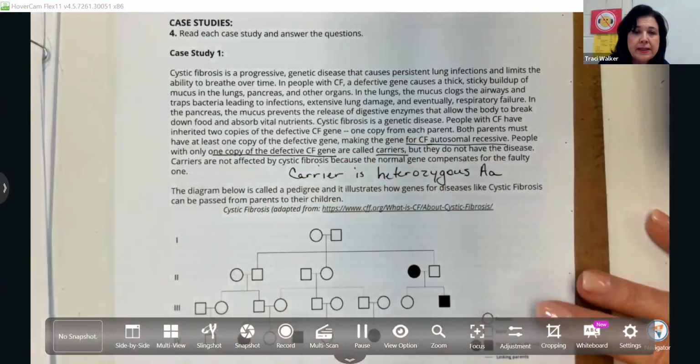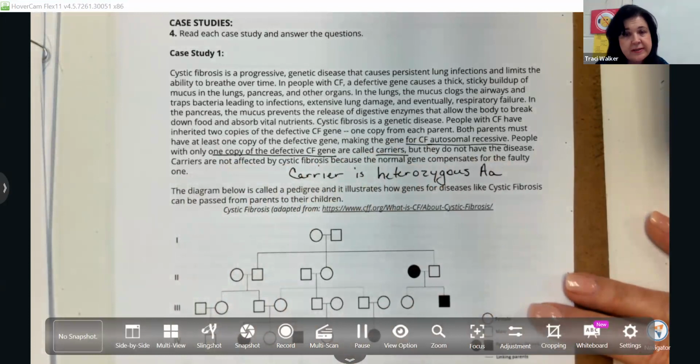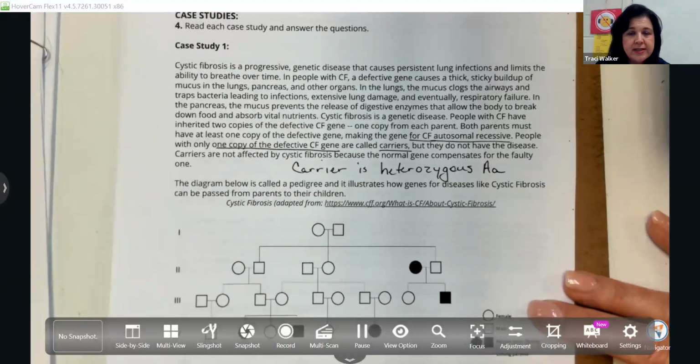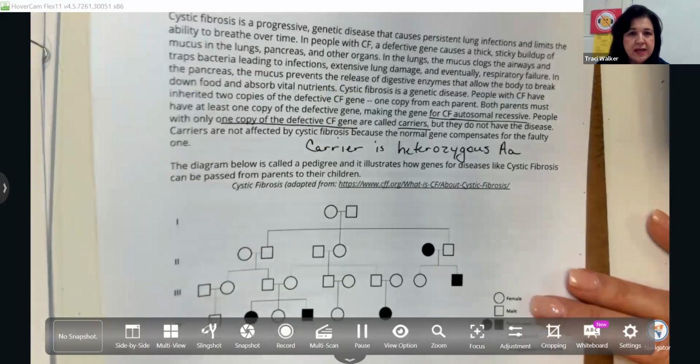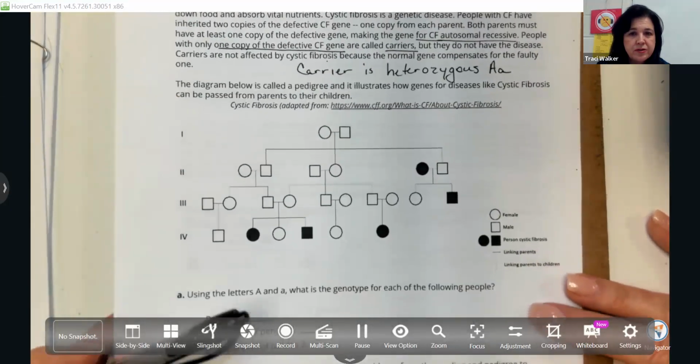So big A, little a. Since CF is recessive, carriers do not have CF because their normal gene, or their dominant gene, compensates for the faulty one. Okay, so here we have a pedigree that illustrates how genes for diseases like cystic fibrosis can be passed from parents to their children.